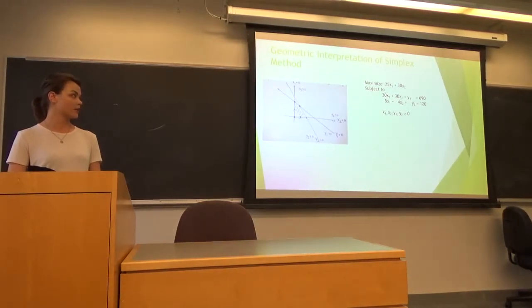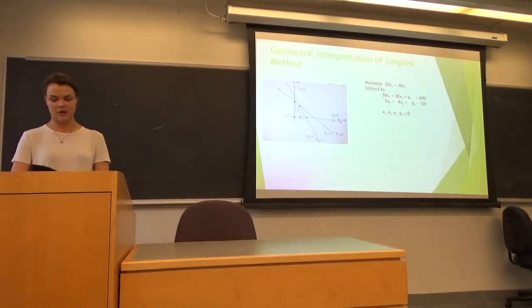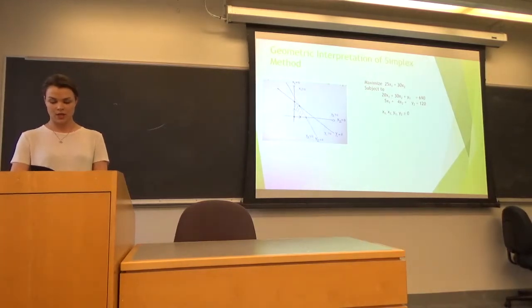So the lines that I just drew, the equation lines that are on the axis, represent the first two constraints here, and the shaded region of the lines corresponds to the set of feasible solutions. And we are going to be looking for when, again, all of these variables are positive.